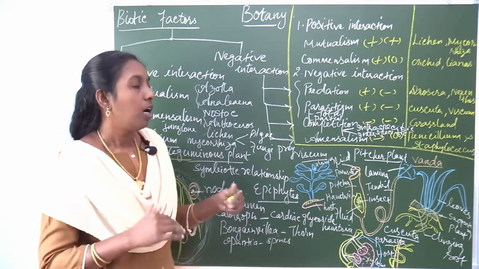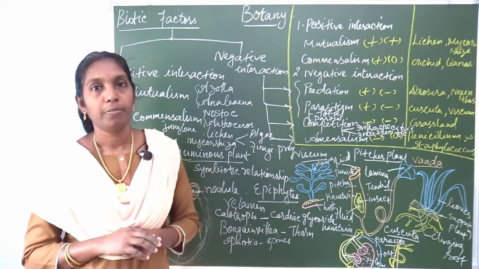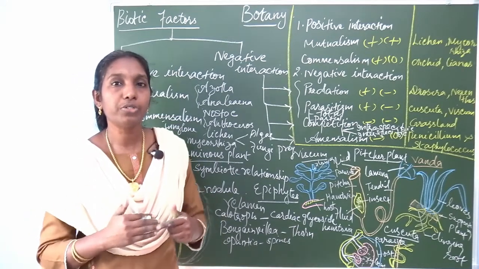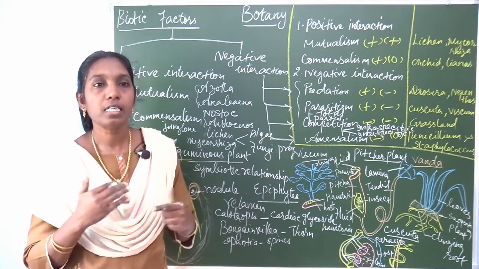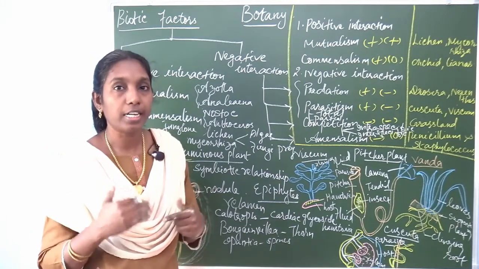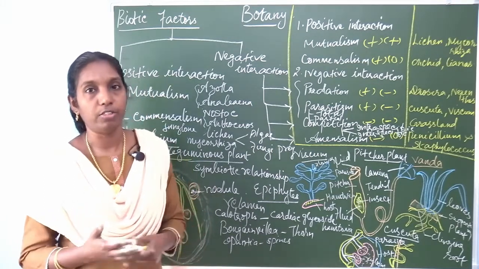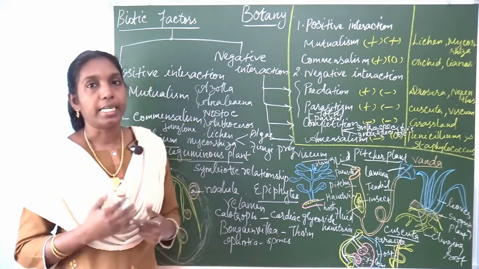Then another topic is co-evolutionary dynamics. There are certain co-evolutionary dynamics among plants, that is, interspecific relationships, which are otherwise called co-evolution. One example is mimicry.